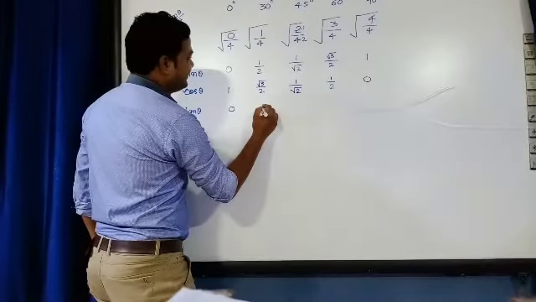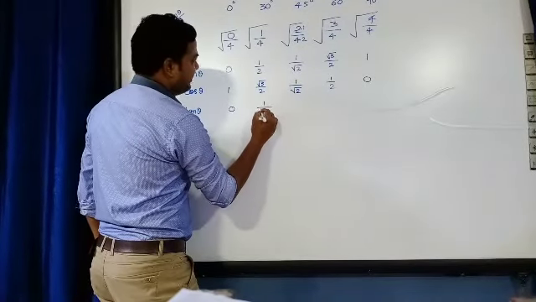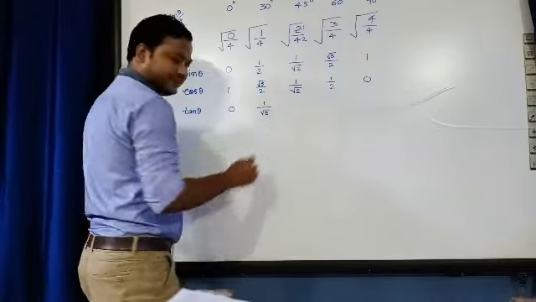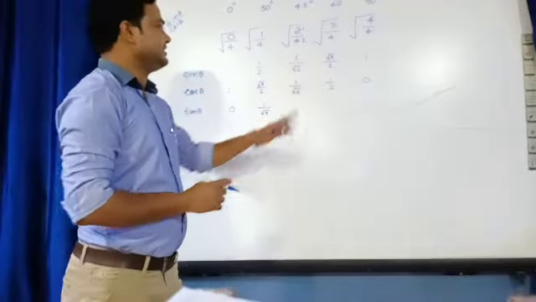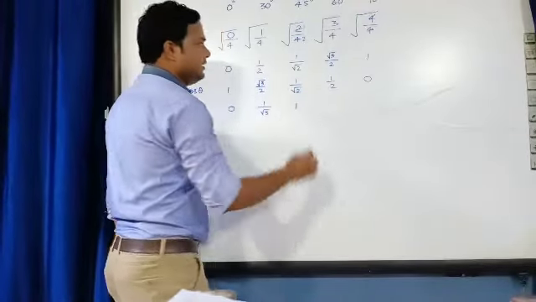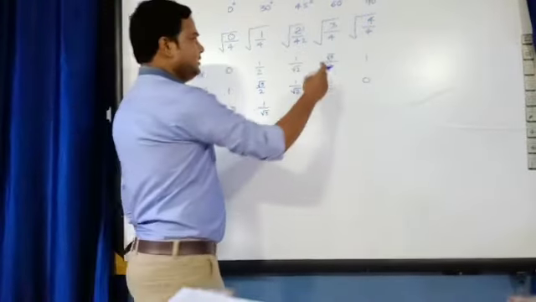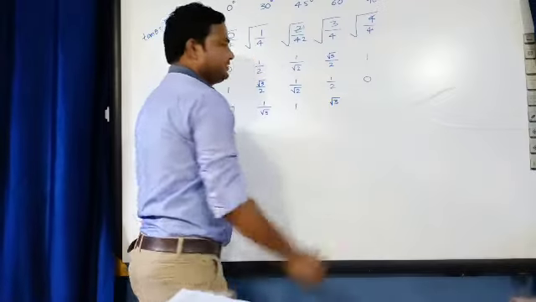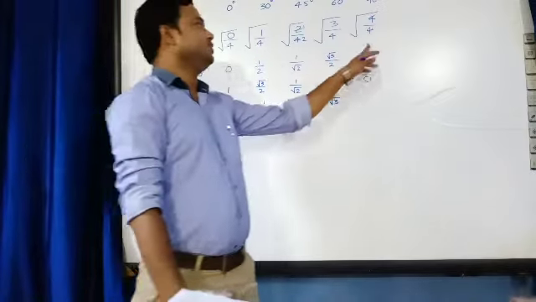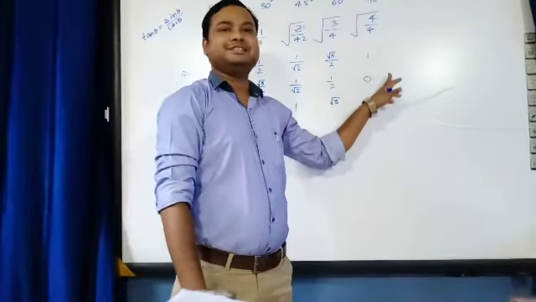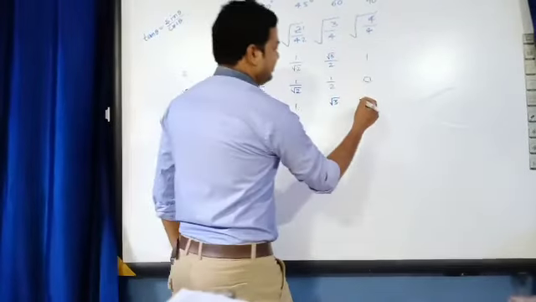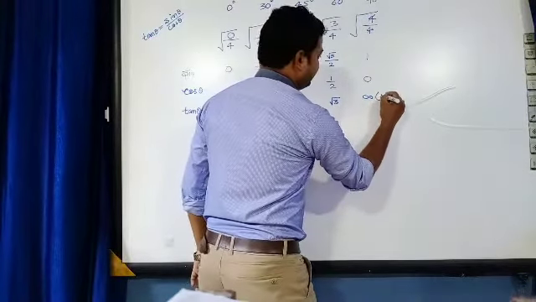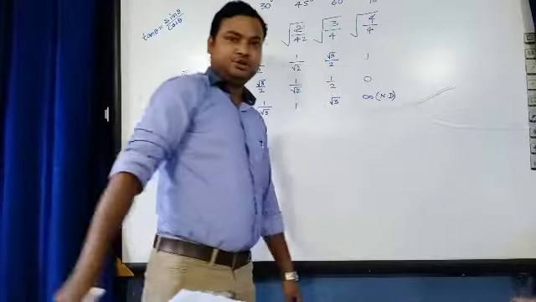It means tan 30 equals 1 by root 3. Now this cancels, tan 45 equals 1. The 2s cancel, sin theta by cos theta equals root 3. And we know that 1 by 0 is not defined, or infinity.